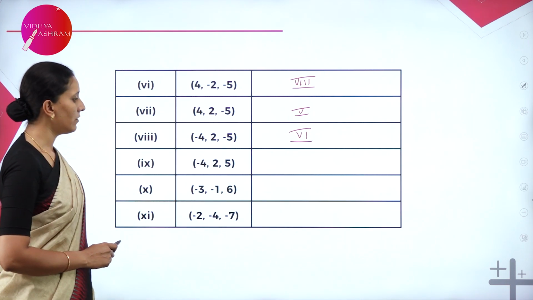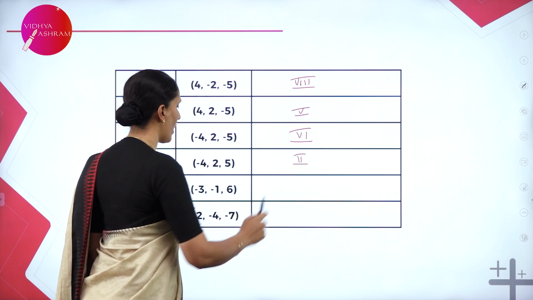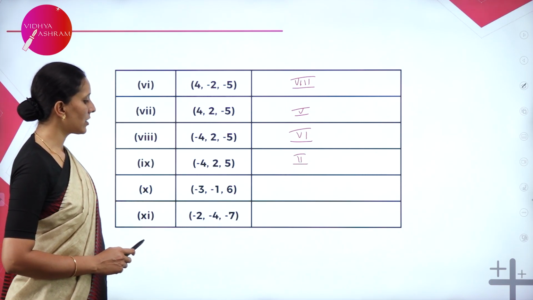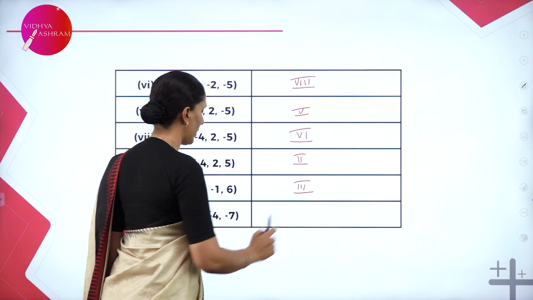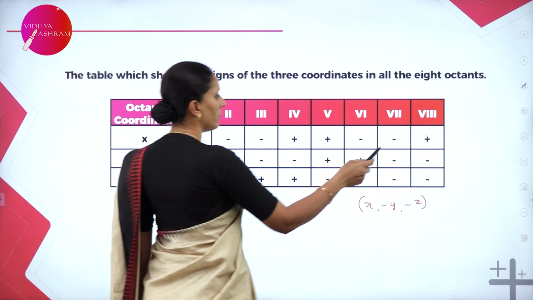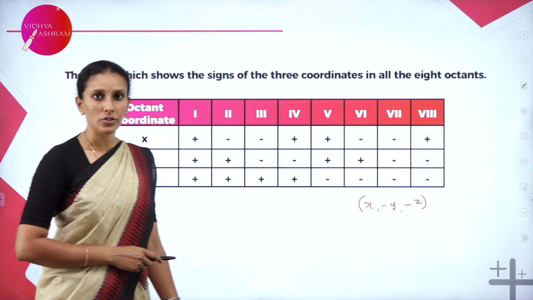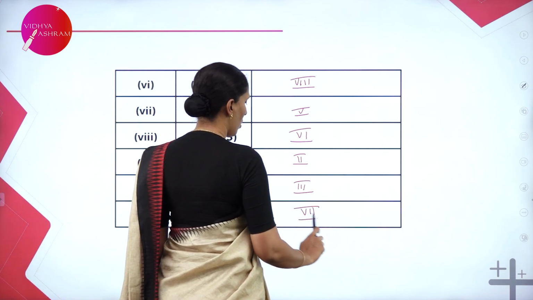Next, x is negative, y and z are positive, which means it lies in the second octant. Next, we have x and y negative, z positive, which means it lies in the third octant. Next one, all are negative, so it is the 7th octant.